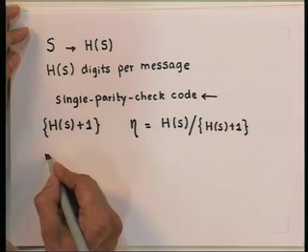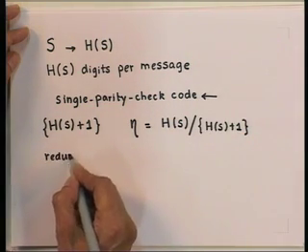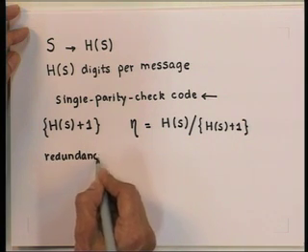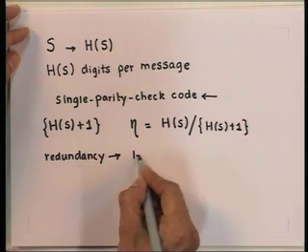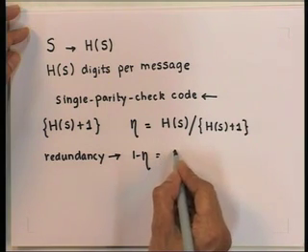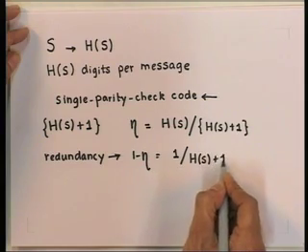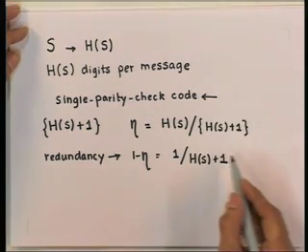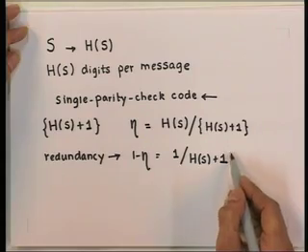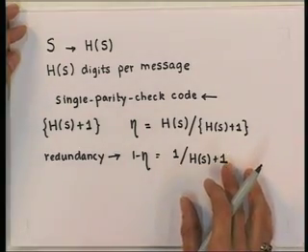The redundancy in this case is 1 minus eta, which is equal to 1 by Hs plus 1. Thus, the addition of an extra check digit increases redundancy, but it also helps combat noise. So, immunity against channel noise can be increased by increasing the redundancy.